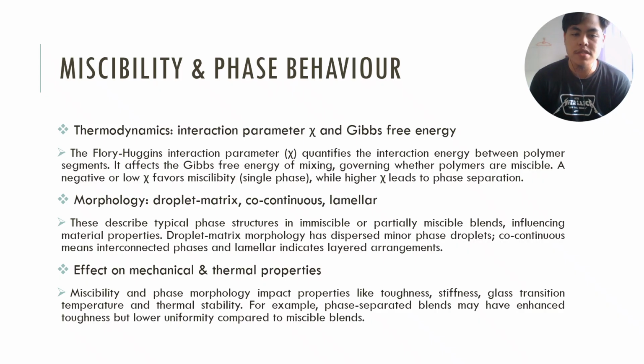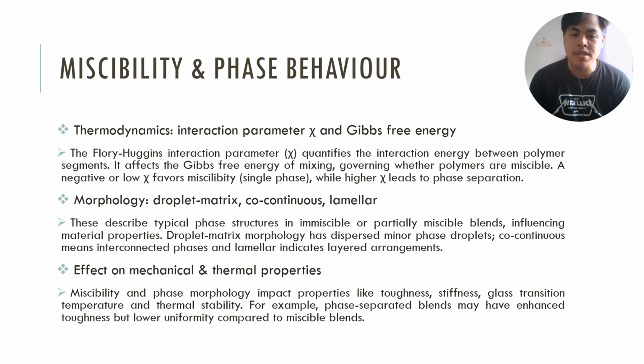The second one is morphology, droplet matrix, co-continuous, and lamellar. This describes typical phase structures in immiscible or partially immiscible blends, influencing material properties. Droplet matrix morphology has dispersed, minor phase droplets. Co-continuous means interconnected phases, and lamellar indicates layer arrangement.